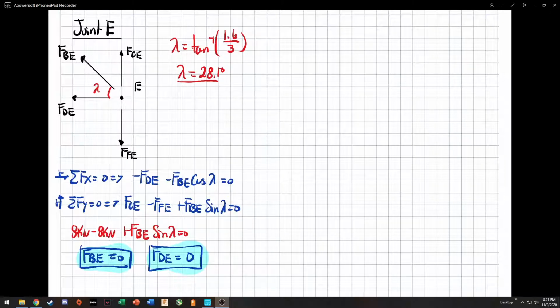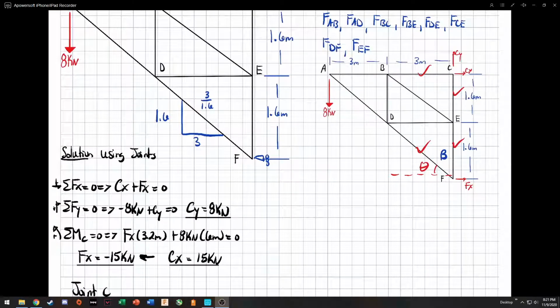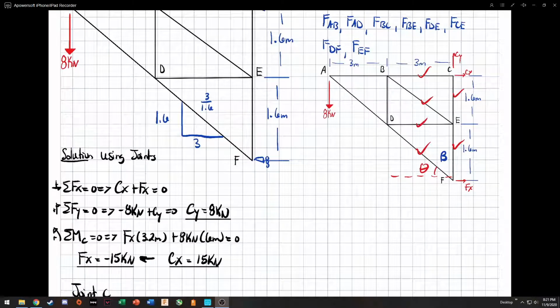Okay, now going back up to our free body diagram, we now know this joint and this joint. So all we have remaining is AB, BD, and AD. If you look at this triangle, we have an 8 kilonewtons going down, which is going to cause this member to be in compression and this member in tension. However, this member is being pushed and pulled from each direction.